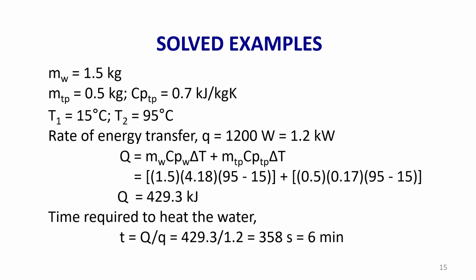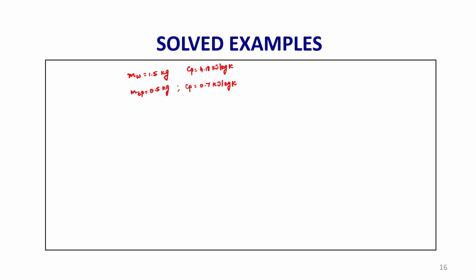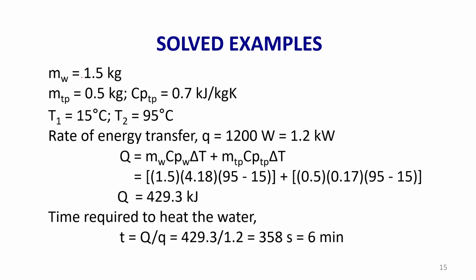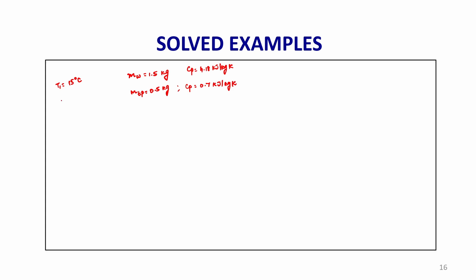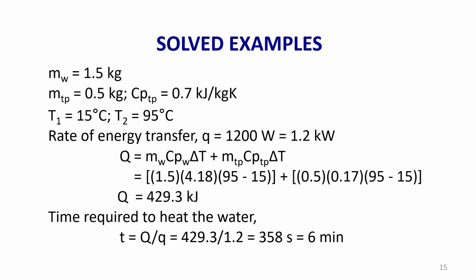Initial temperature is T1, final temperature is T2. So, the water is heated from T1 equal to 15 degrees centigrade and T2 is 95 degrees centigrade. So, there is a delta T of 80 degrees centigrade.